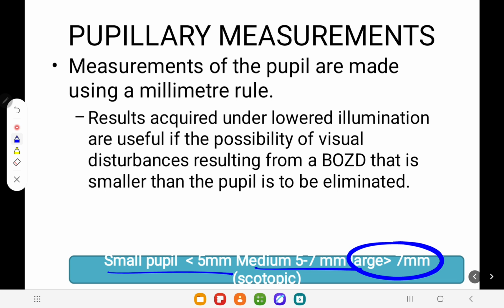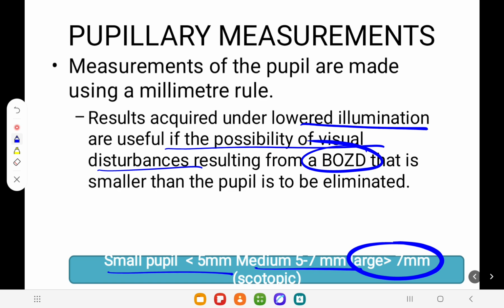So why is it important to measure pupil diameter? Because the results acquired under lower illumination, just remember lower illumination, not higher illumination, are useful if there is a possibility of visual disturbance resulting from the BOZD. What we want is the largest diameter of the pupil, which is possible under the lowest illumination, scotopic.